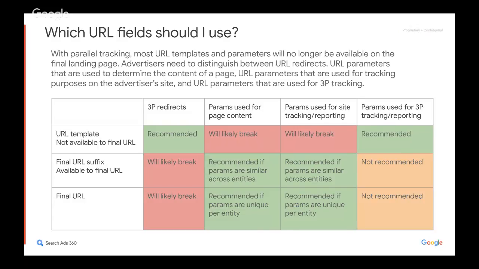So parameters used for site tracking or site reporting. Those are usually all the parameters that are necessary for website analytics tools, for example, Google Analytics or Adobe Omniture. Google Analytics typically uses UTM parameters for this.